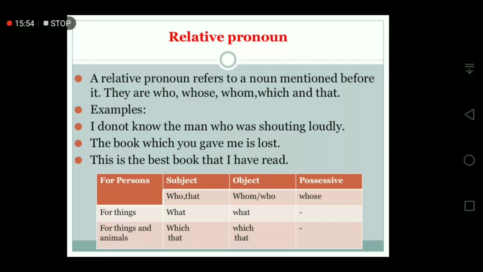And for things, we use what, and sometimes which, and for animals we use that. Which, that, who, what: these are the words we use as relative pronouns. For persons, who or whom, and for things, what, which, and that. But we have to know something particular about the uses of which and that.